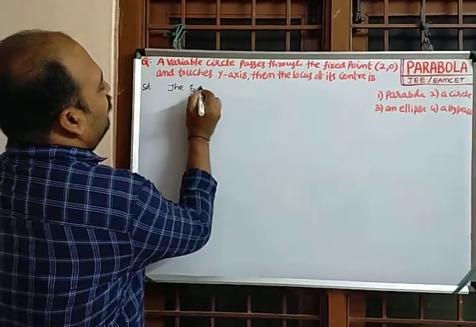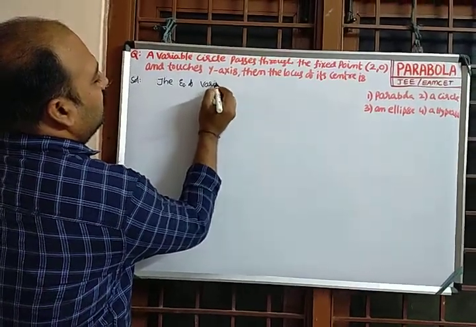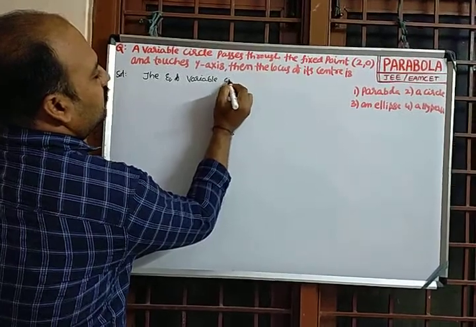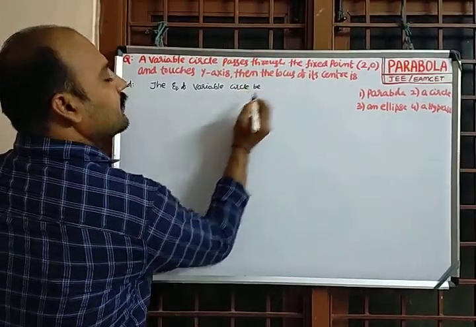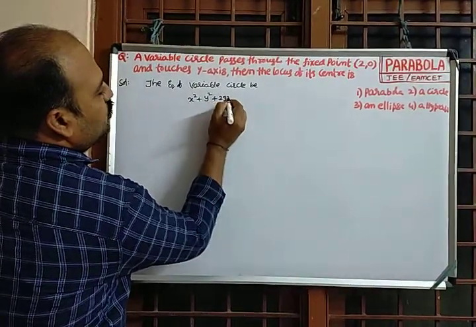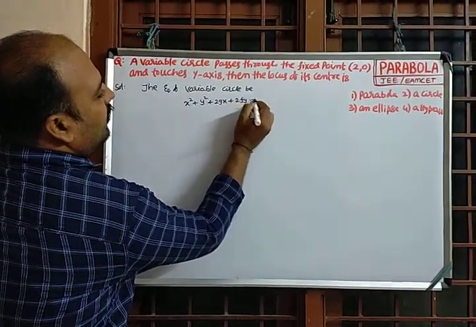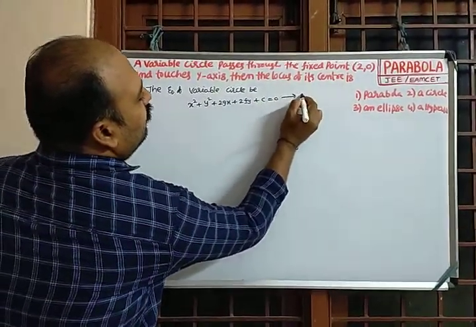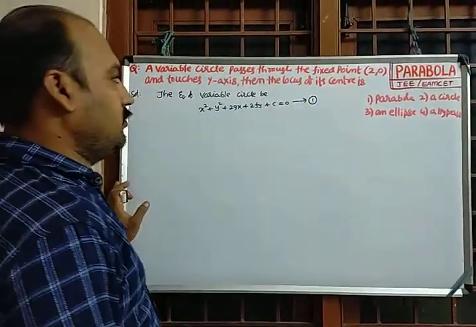The equation of variable circle be x square plus y square plus 2gx plus 2fy plus c equal to 0. Put that equation number 1.